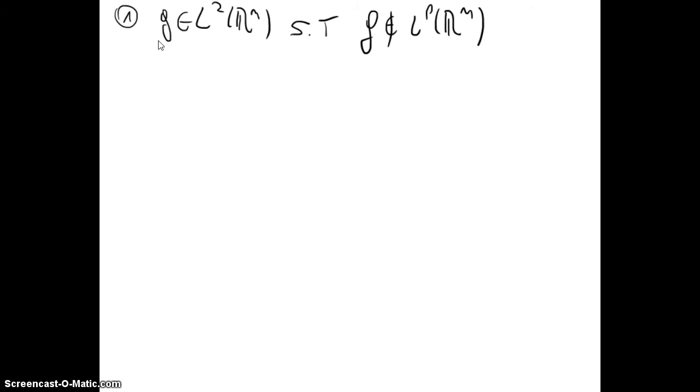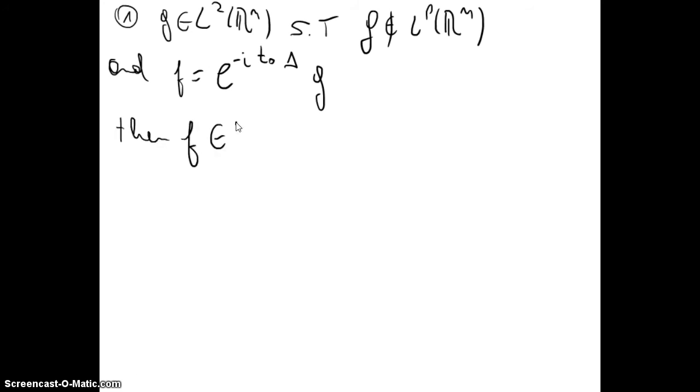Okay, so to prove the first one, it is enough to choose g in L2(Rn) such that g is not in L^p. Okay, and if we take f equals to e^{-it_0Δ} of g, this will be the definition of f, then f is in L2 because of the definition of e^{itΔ}.